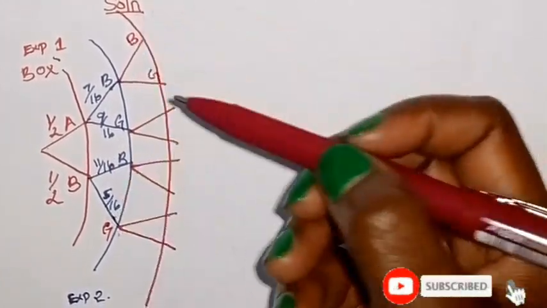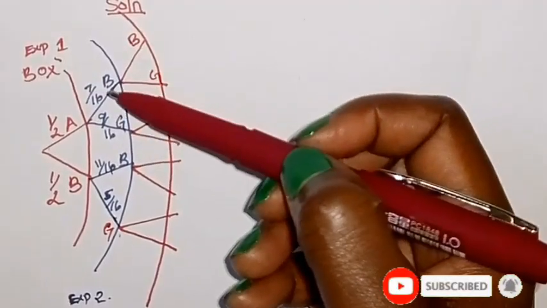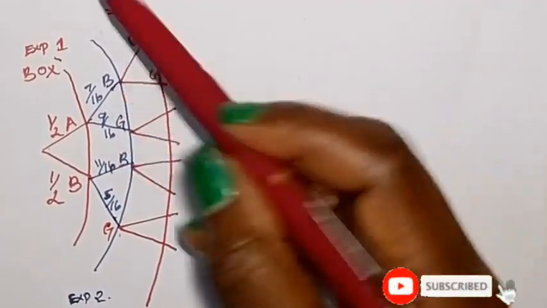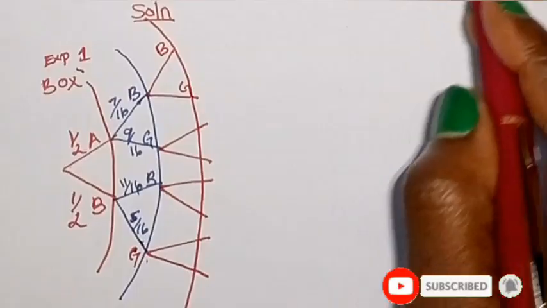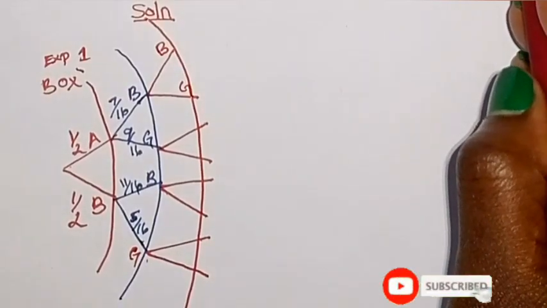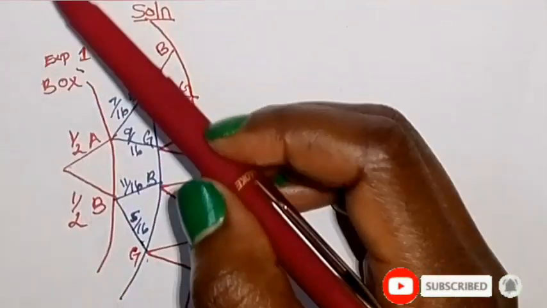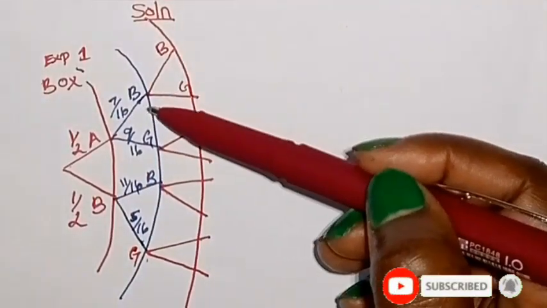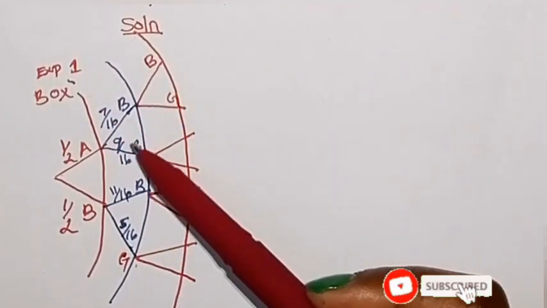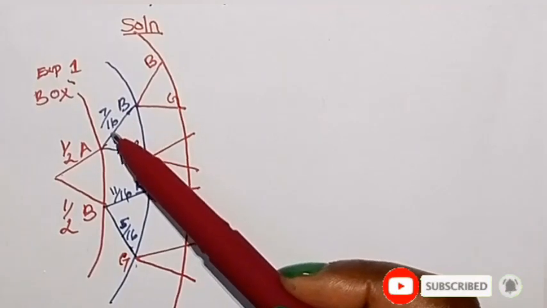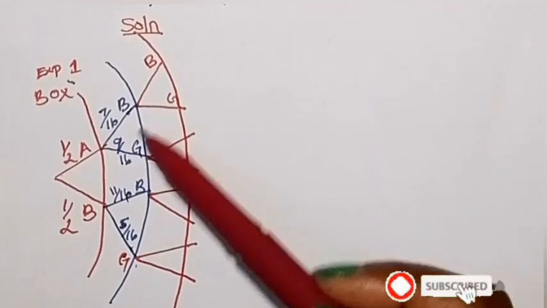So if we picked a brown ball in the first experiment without replacing, that means the total number of balls in the box that were 16 has reduced to 15.